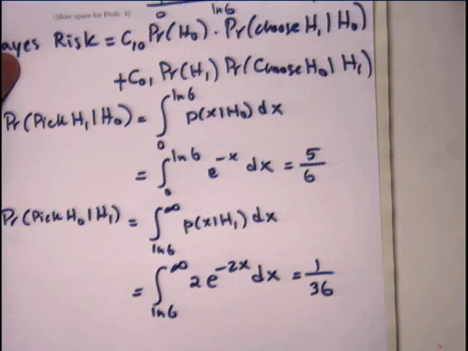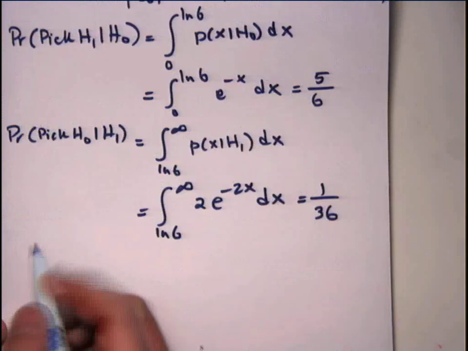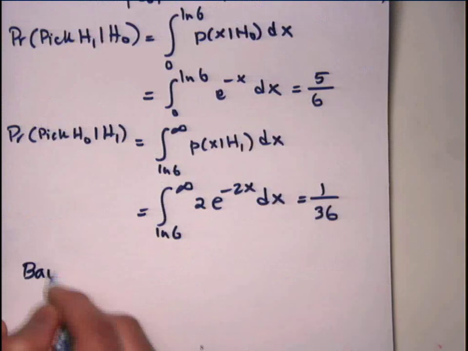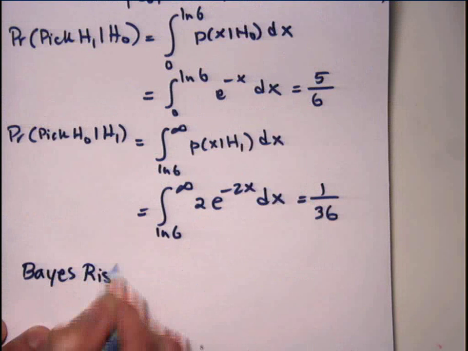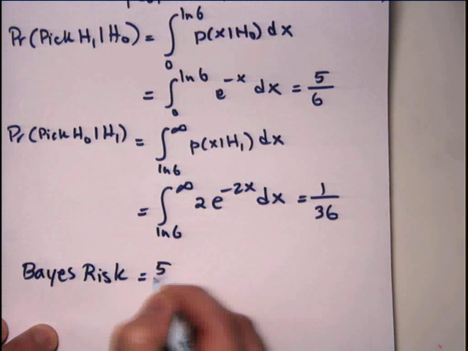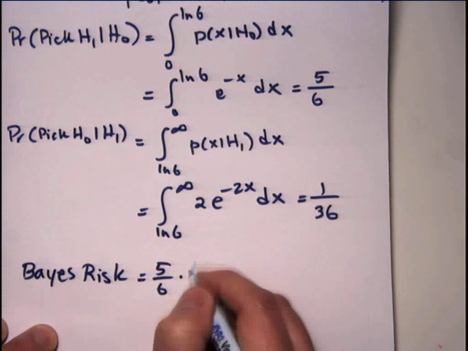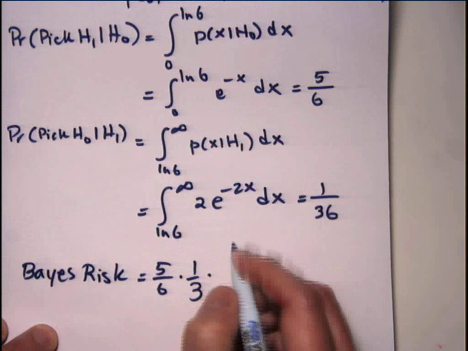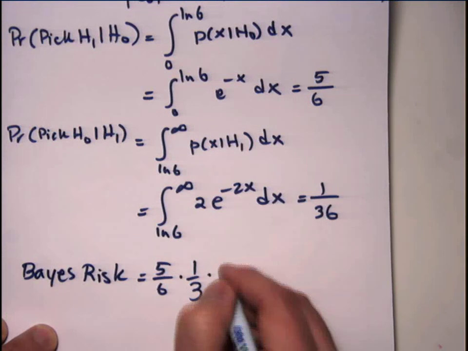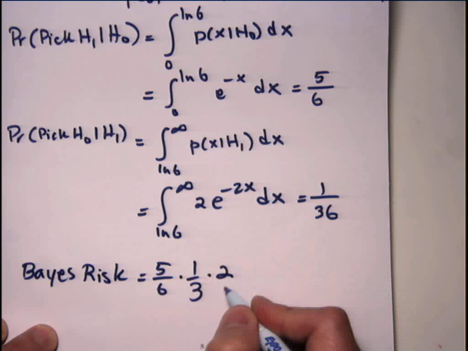Okay, so with all of this in place, the risk is then 5/6 times 1/3 times 2. This is C10.